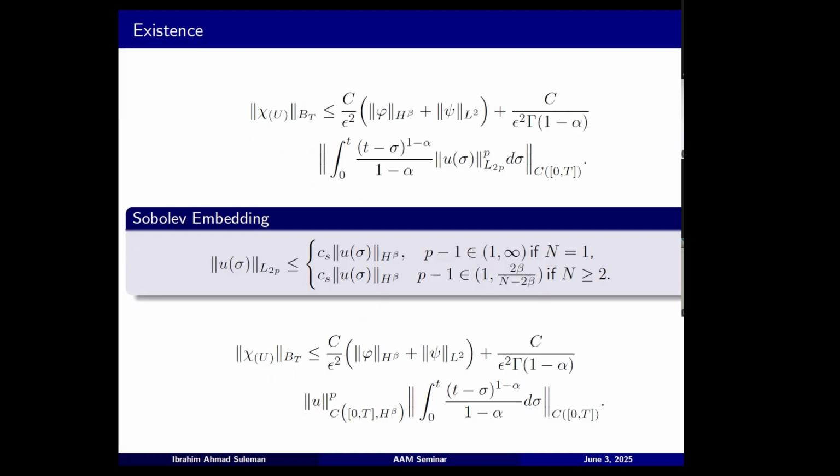You have a norm of u sigma to the power p in L2p for the function. So at this stage, we apply the Sobolev embedding theorem here. If n is 1, you have the exponent restricted in the interval from 2 to infinity. And if n is 2 or 3, you have also this restriction.